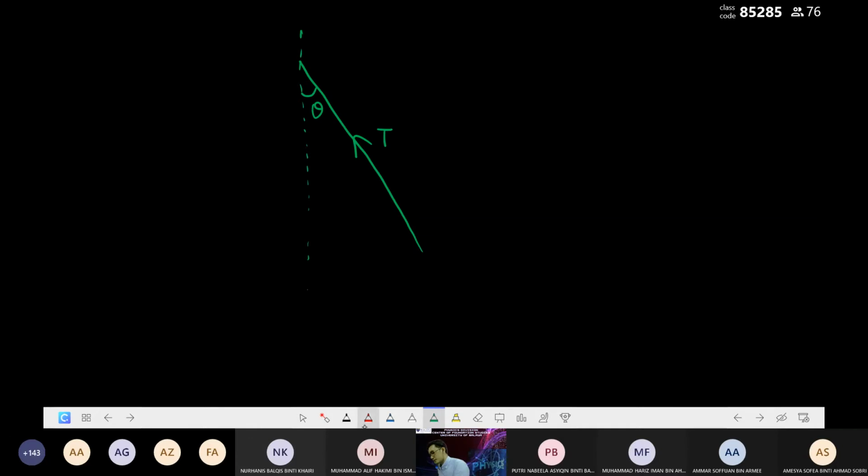I use another color. Untuk kita resolvekan kepada x component and also to the y component. This is y component. Jadi we know that this is theta and this one here also theta.